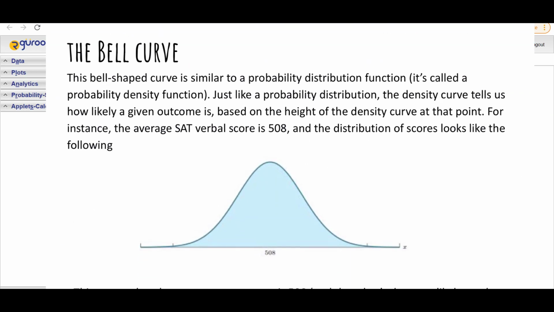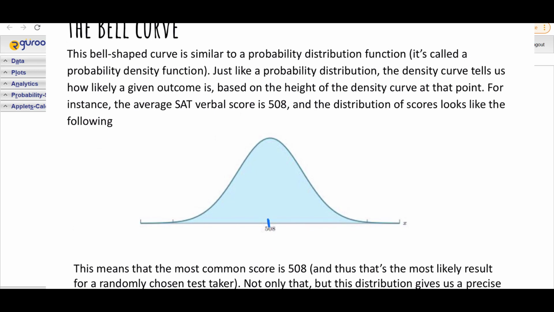So here we have a bell-shaped curve, also known as a normal distribution. It is just like a probability distribution. This density curve tells us how likely a given outcome is based on the height of the density curve at that point. So, for instance, the SAT verbal score is 508, which also happens to be the mean because it's in the middle.